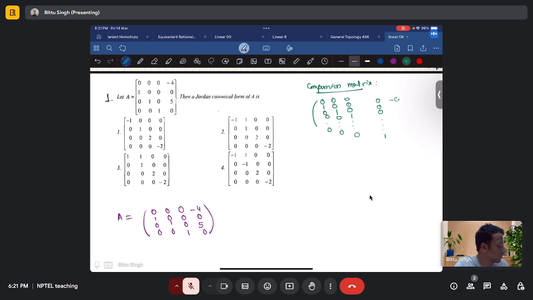After that the last row will be minus C0, minus C1, minus C2 up to minus Cn.